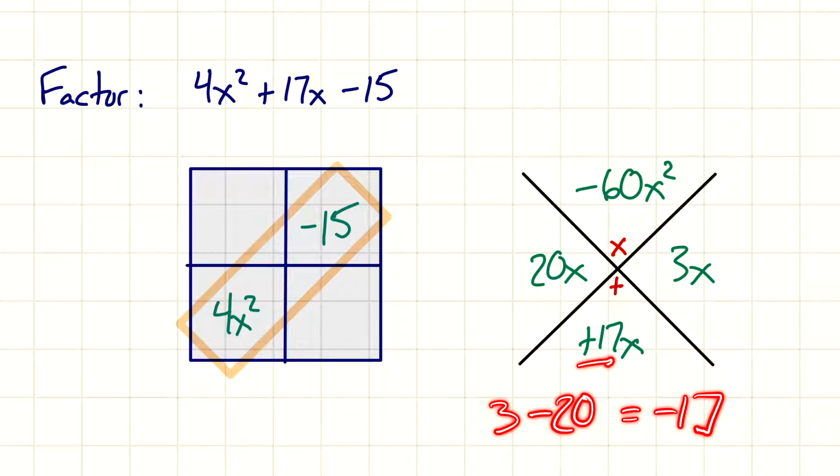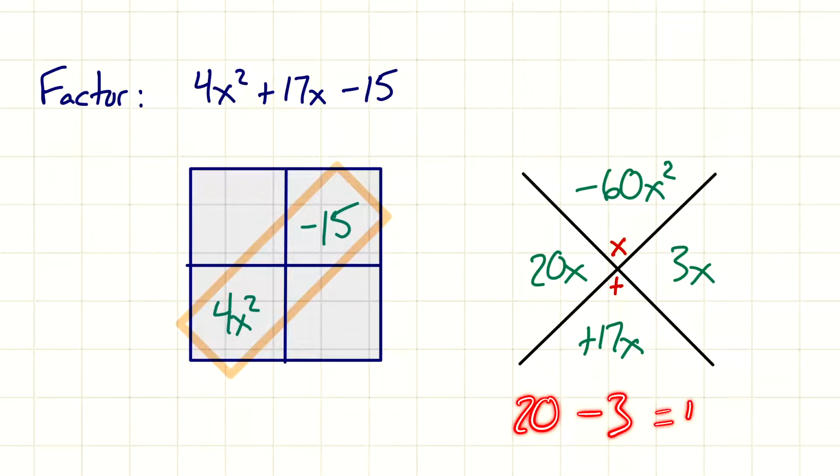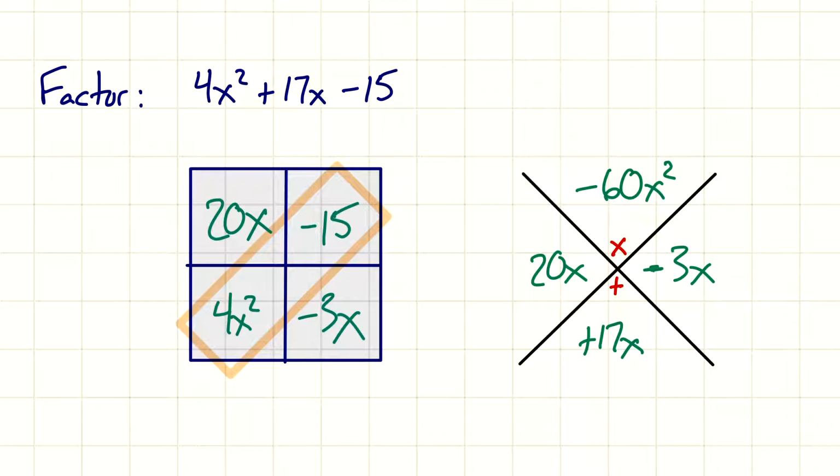So the order does matter here. So 20 minus 3 gives us 17. So that means this one, the 3 needs to be negative. So be careful there. So now that I know those, 20x, negative 3x, I'm just copying these terms and putting them in here.